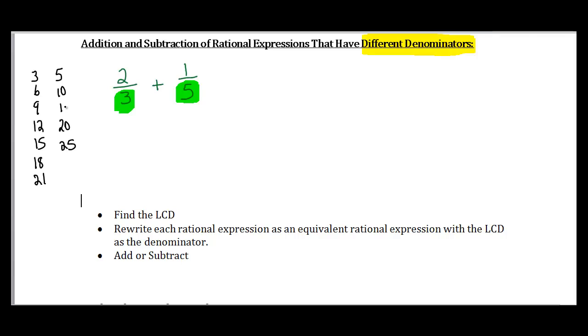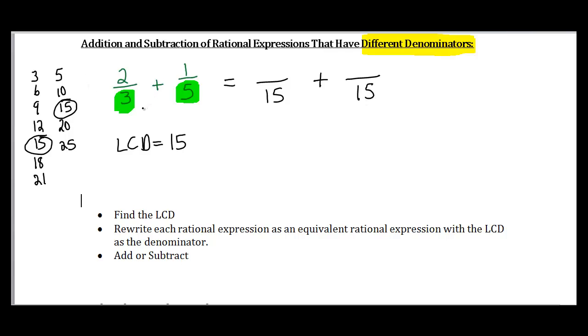And so if I want to find the least common multiple, look at the multiples that they have in common. 15, and that's the smallest one on both lists that they have in common. So my least common multiple would be 15. What we normally call that is the least common denominator. Okay, so our goal would be to rewrite these as equivalent fractions with 15 in the denominator, since 15 is our least common denominator, least common multiple.